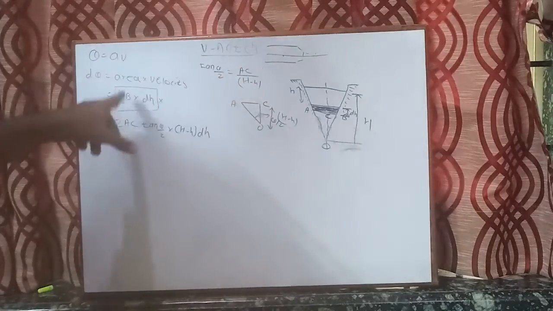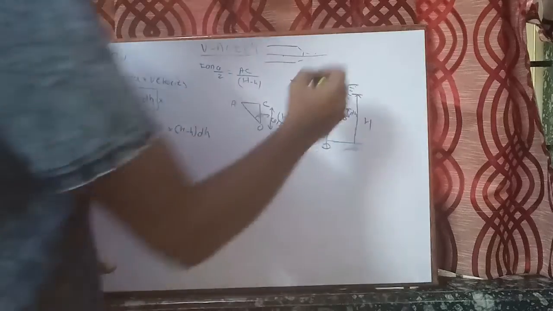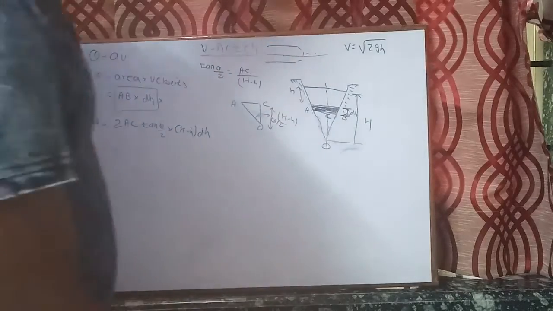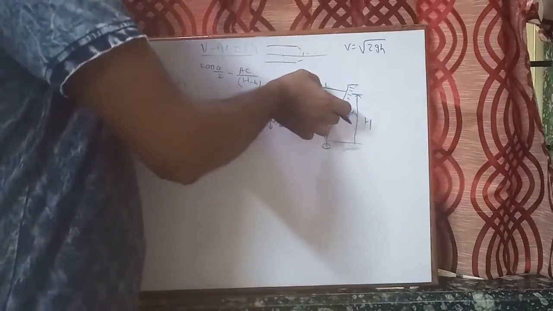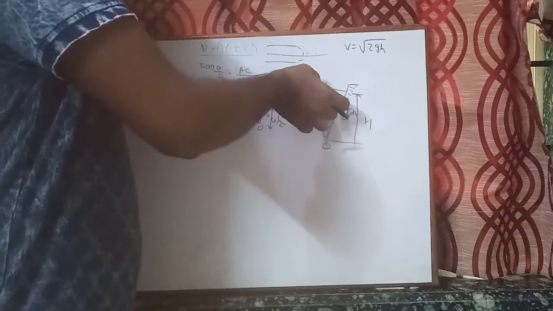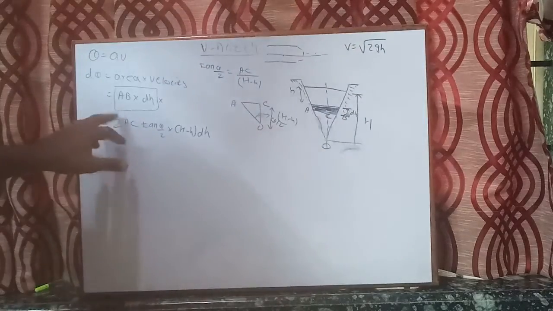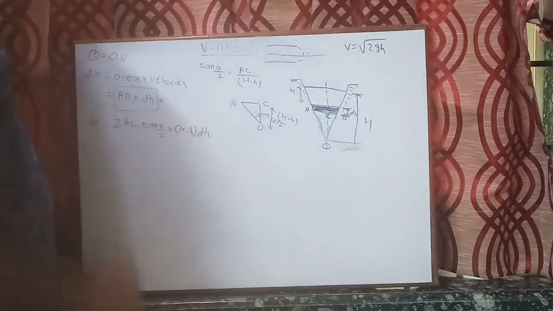Now we have area, but velocity? How much is velocity? Now v is a function of h, so root 2gh. What is this h? This h from here. This is the h. I hope you understand this part. Now we are ready. We have area, we have velocity.